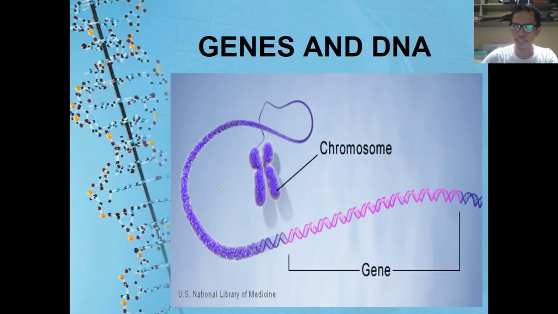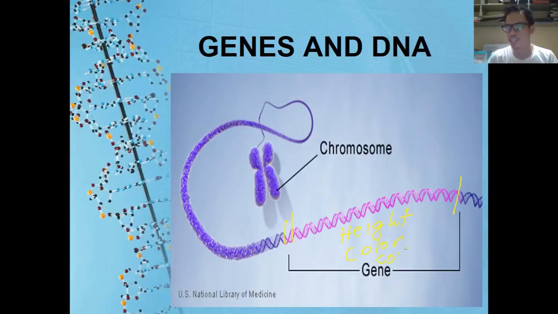So, in this picture, genes are just segments of DNA that code for certain features in our body. For example, this segment codes for the height, or it codes for the color of the eyes, or the color of the skin, or any trait that you think of in a particular organism.